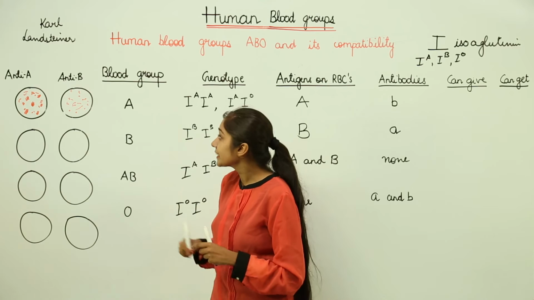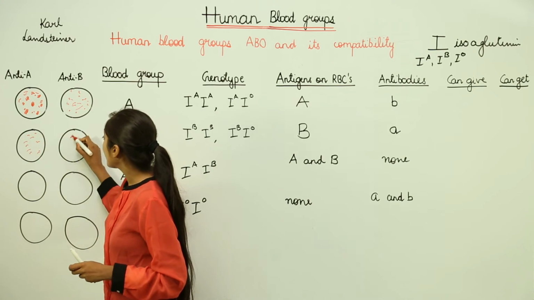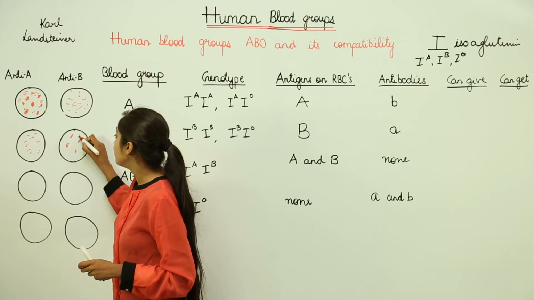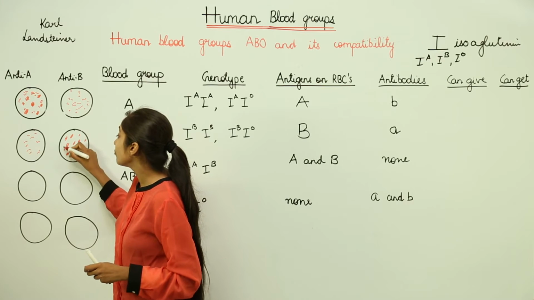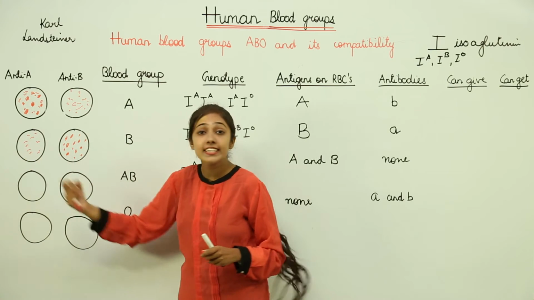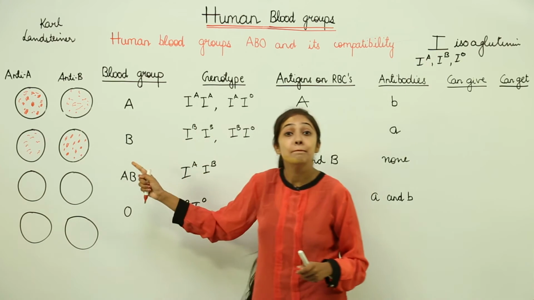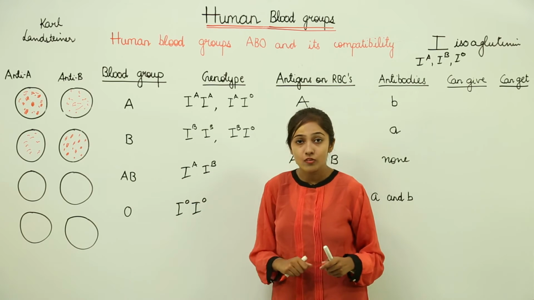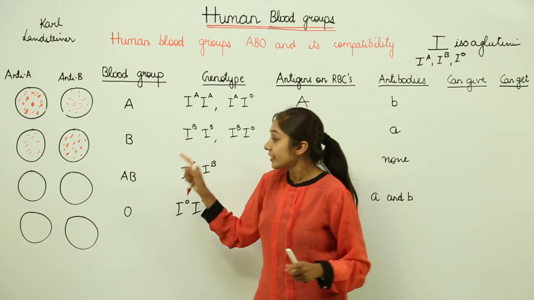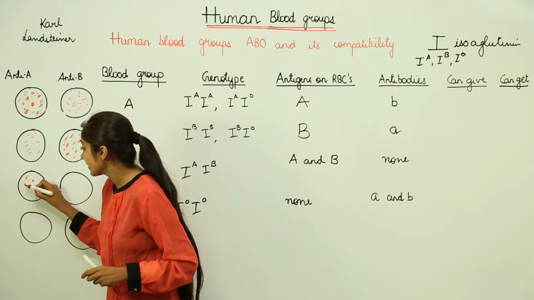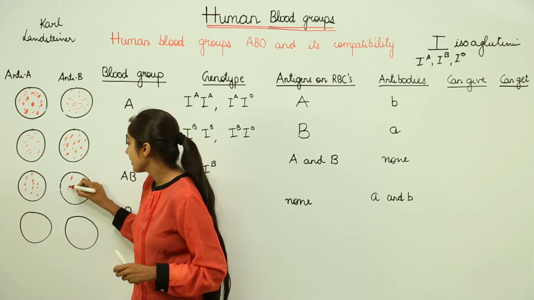Then the next case is blood group B. In this case, the coagulation will be with anti-B serum, and there will be no coagulation with anti-A serum. So this confirms that the blood group is B. Then in case of AB, I know that you can make out, because in this case there will be coagulation with both anti-A serum and anti-B serum.